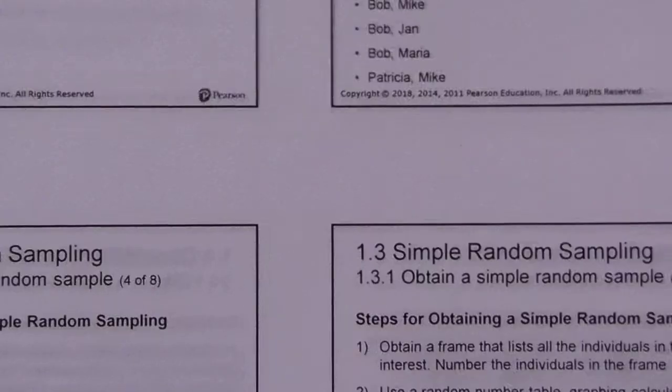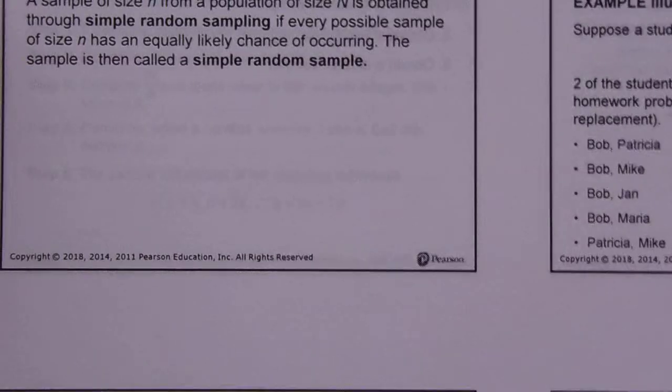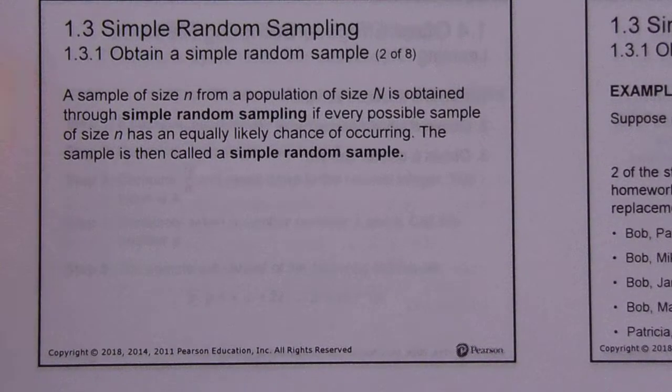All right, so in section 3, we're going to look at sampling, simple random sampling. Simple random sampling is where we take all possible items or people that are in the population.